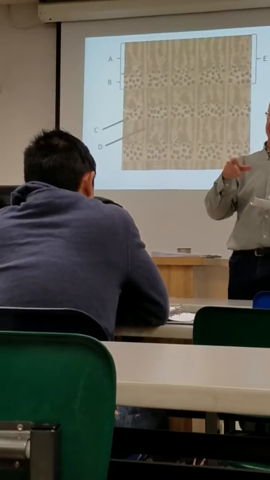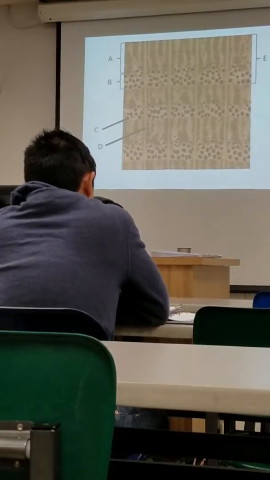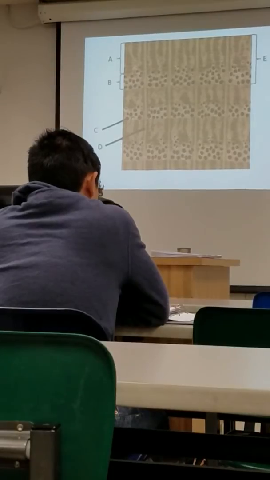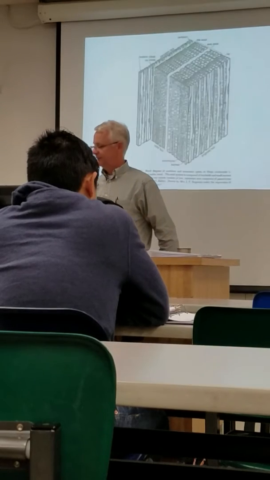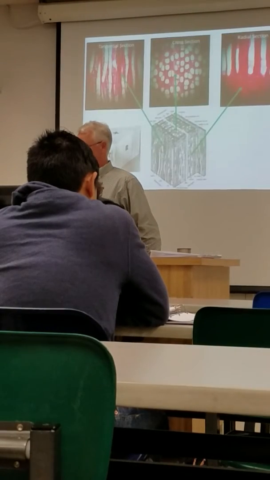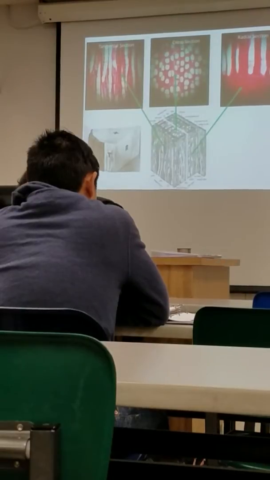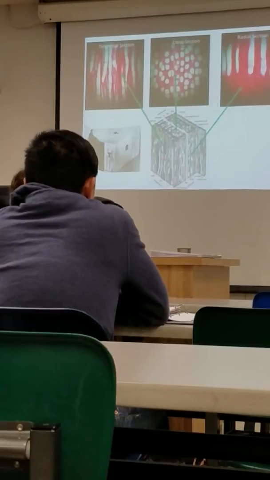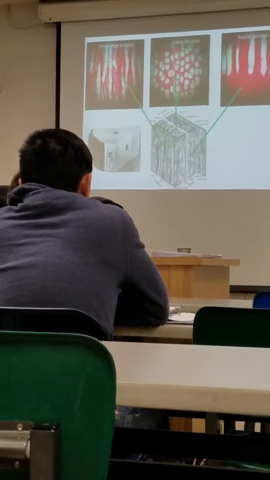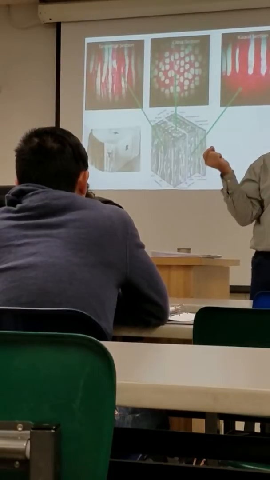I have 2 microscopes set up with sweet gum slides, and I do want you to take photographs of the 3 sections. Okay? So I want you to have a tangential, radial, and a cross-section. Because I want you to, again, think about how the different cells are exposed in the different sections and to label them.